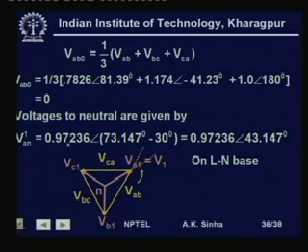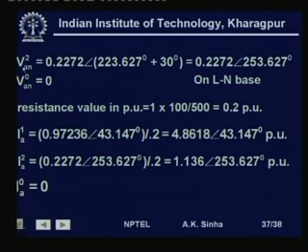So, this is VAB which we had, and we have subtracted 30 degrees from that, so we get VAN. If we are writing it on a line to line base, then we will have to divide it by root 3. Otherwise, if we are taking it on a line to neutral base, then this remains the same: 0.97236 with an angle of 43.147.